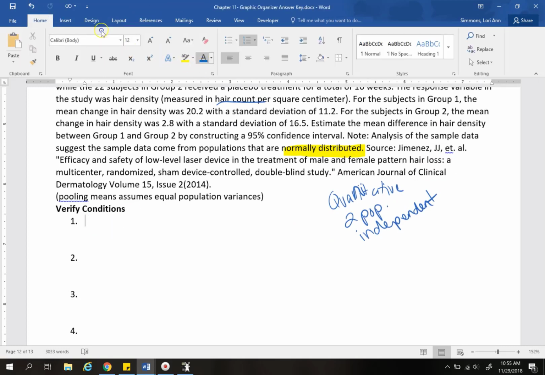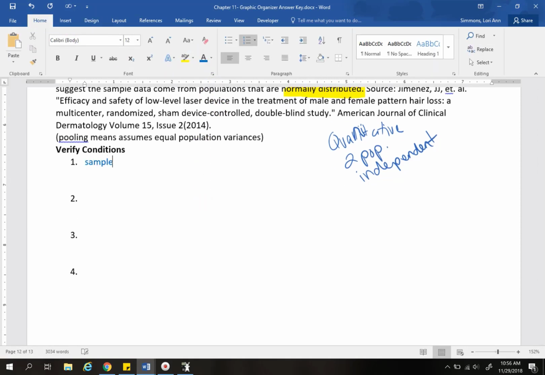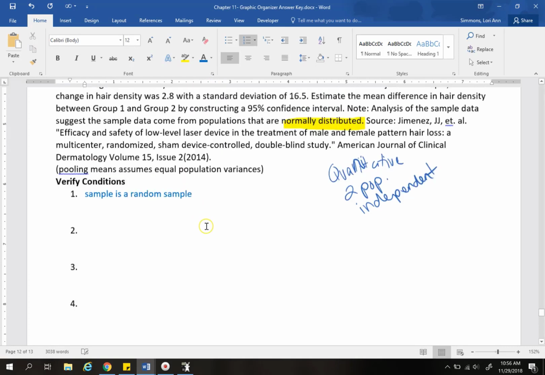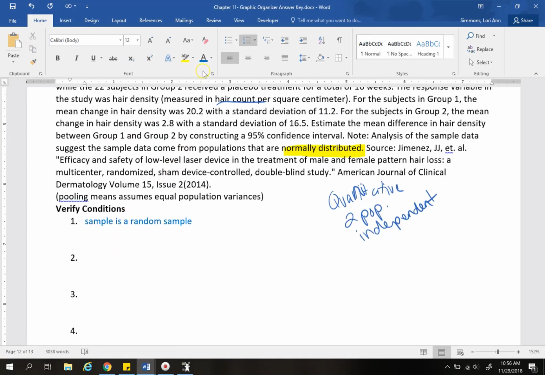Okay, before we get into that, let's go over the criteria, the conditions. First, simple random or matched pair. This sample is a random sample. That was right here. 2, it is independent. 3, is it normally distributed? Yep, and I highlighted it for us.